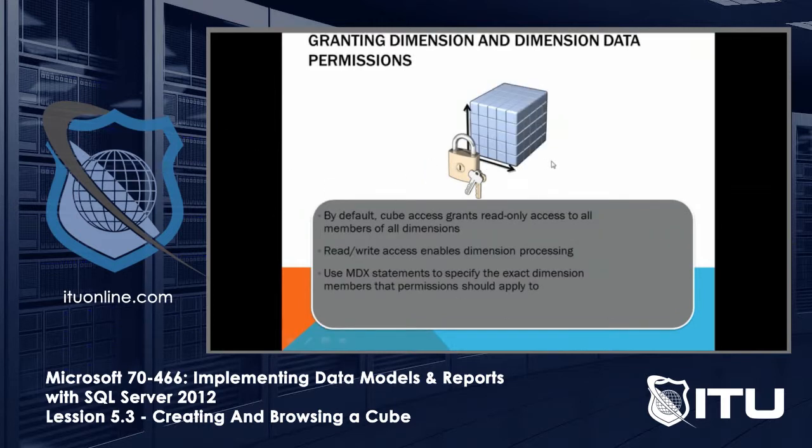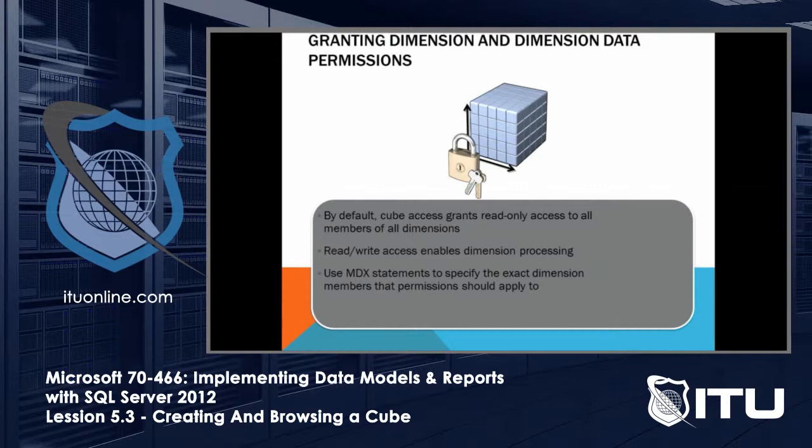Okay, granting dimension and dimension data permissions. By default, the cube grants read-only access to all the members and all the dimensions. Read-write will allow me to process the dimension, okay? Use MDX statements to specify the exact dimension members that we should apply permissions to.